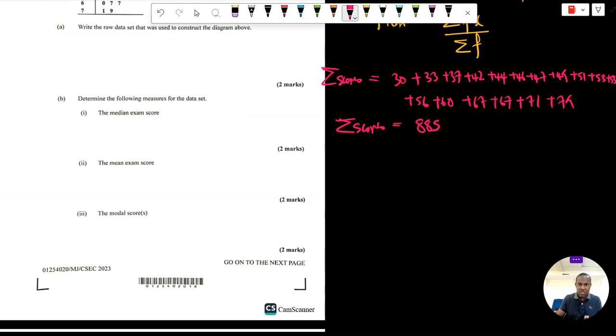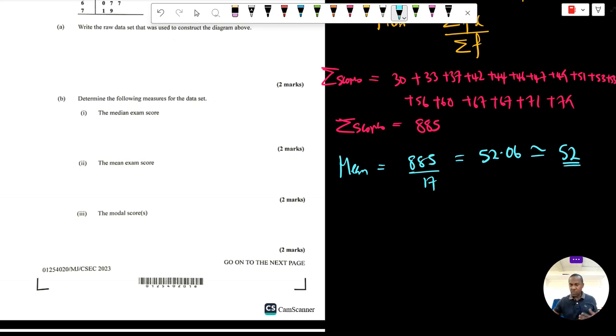And therefore we can say that the mean is equal to 885 divided by 17. And what does that give us? Divided by 17, that gives us approximately 52.06. But we can express that to the nearest whole number, which is approximately 52.